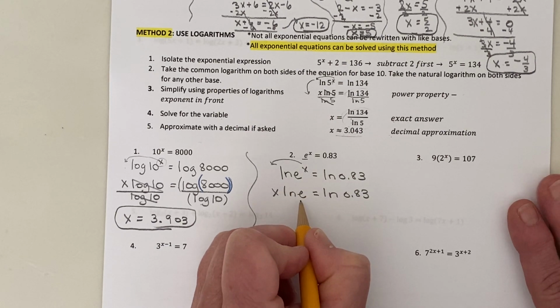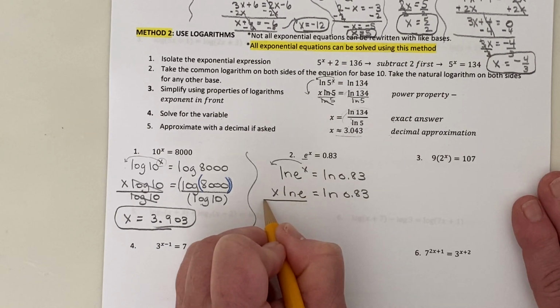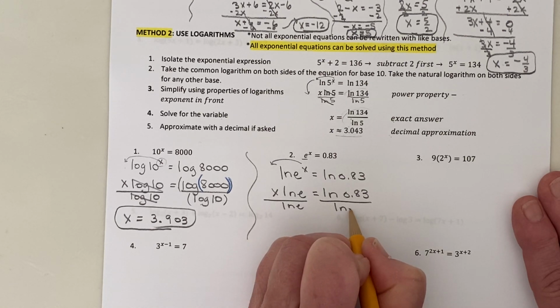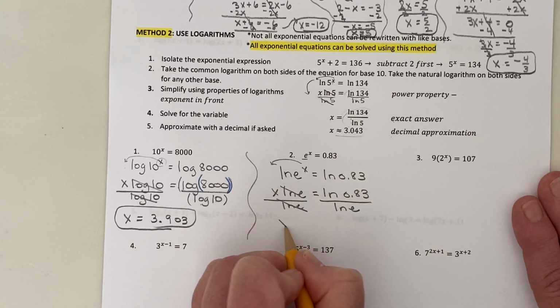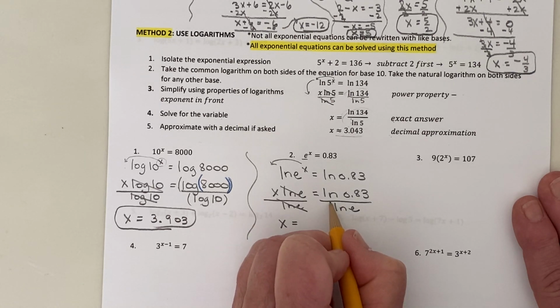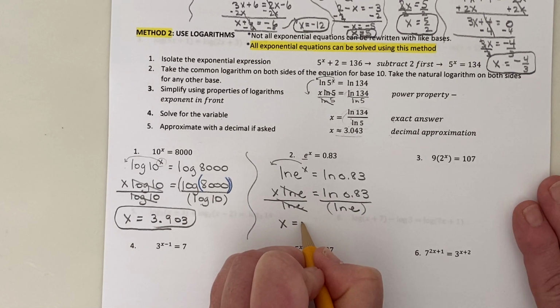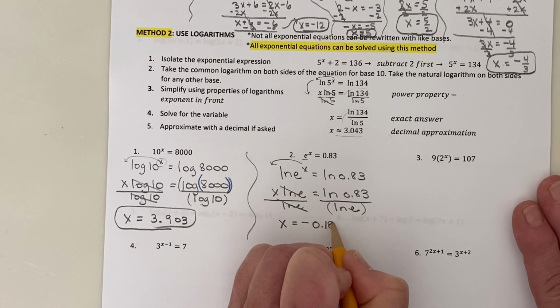Again, if you found this value, it's just a number. Let's divide ln of e from both sides of the equation. Going to your calculator, making certain that you at least have parentheses in the denominator. The resulting decimal approximation is this.